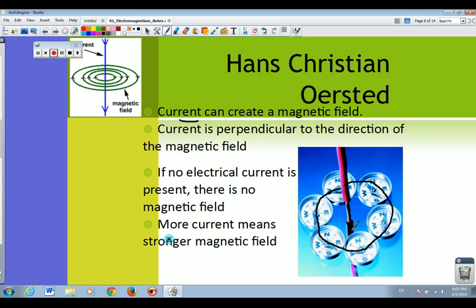We'll deal with whether the current is going up or down later, but let's just say it's going that way for now. You get the current through the line, and the field is perpendicular to that current. More current, stronger field. If you turn this current off, you get no magnetic field.